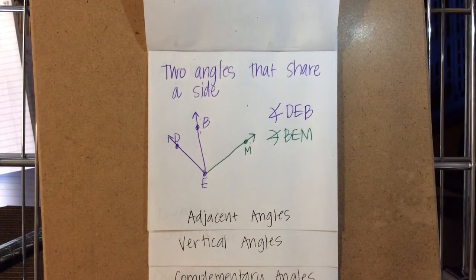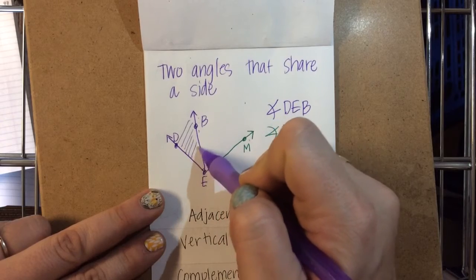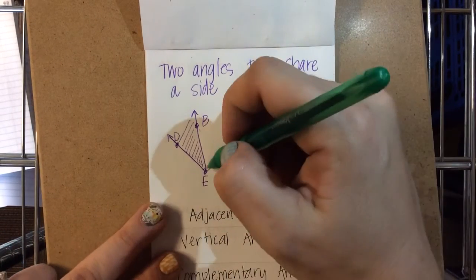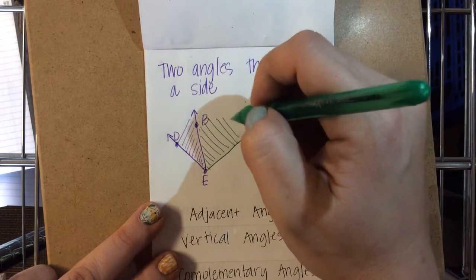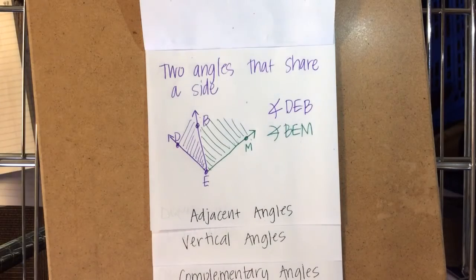There are two angles up there. There's this angle and there's this angle. There are two adjacent angles. How do I know they're adjacent?